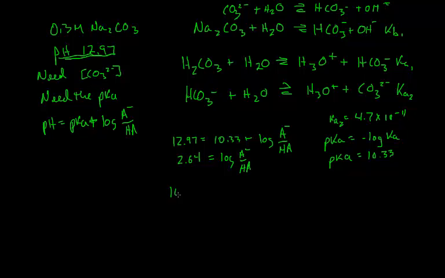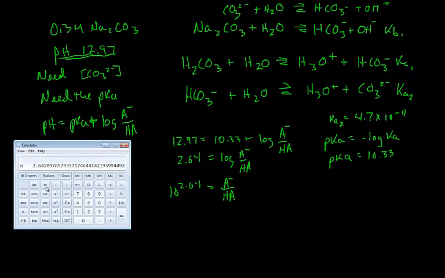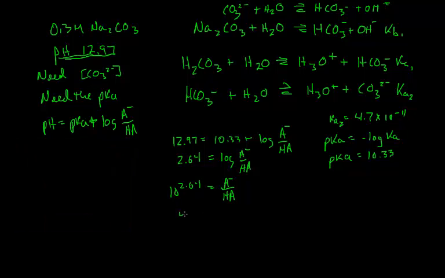So 10 to the 2.64 equals A minus over HA. Taking 10 to the x, that value is 438.6. So that's basically 438.6 to 1 as our ratio of A minus to HA.